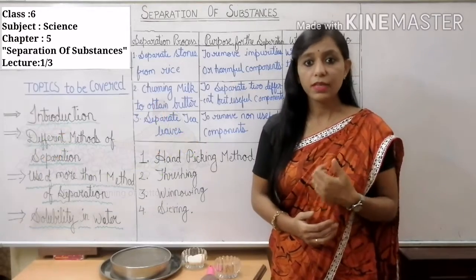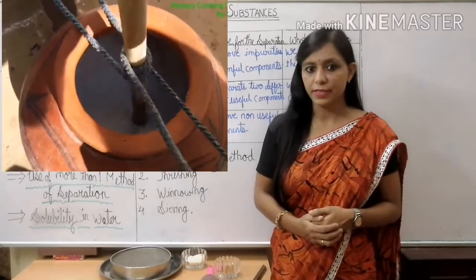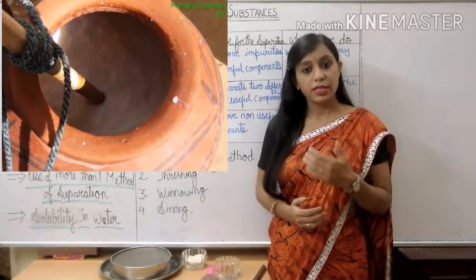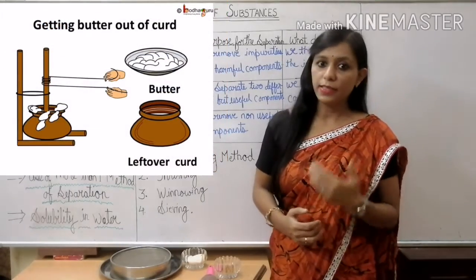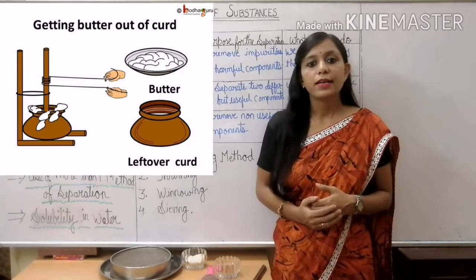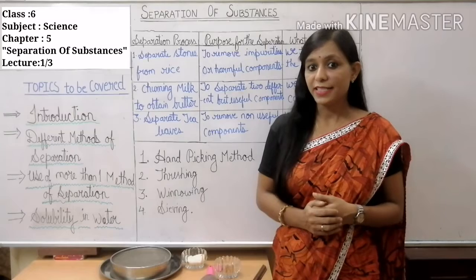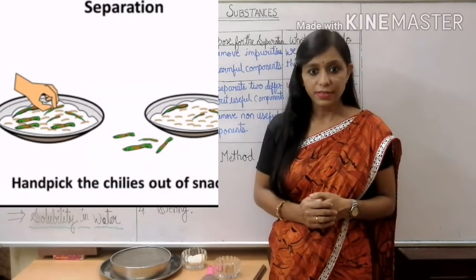Good. See here the process of churning of milk to separate butter. What is churning? Churning is the process to get butter from milk or curd. Sometimes we eat salted poha and we find chilies in it. So what do we usually do?